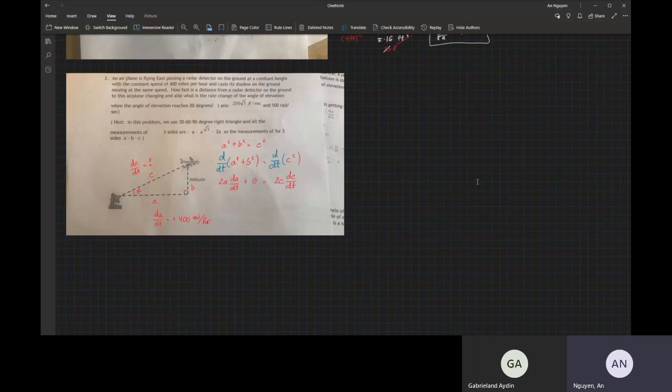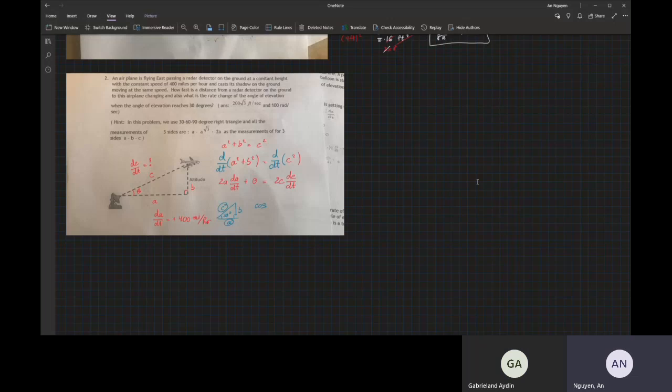So we have to consider that special situation where this angle is 30 degrees. So we have A, C, and B. Again, this is a right triangle, so I can use sine or cosine. For this problem, I'm going to use cosine because I want to involve A and C, the two variables.